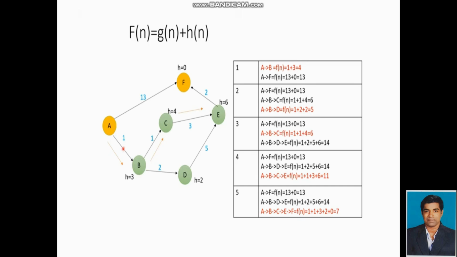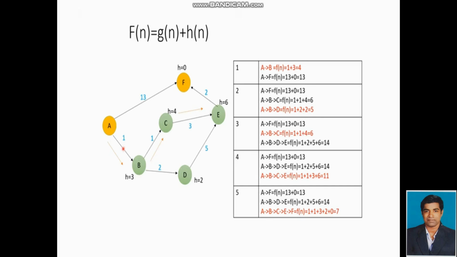The cost function values are: A to B is 1, B to D is 2, and D to E is 5. We add those values along the A, B, D, E path.